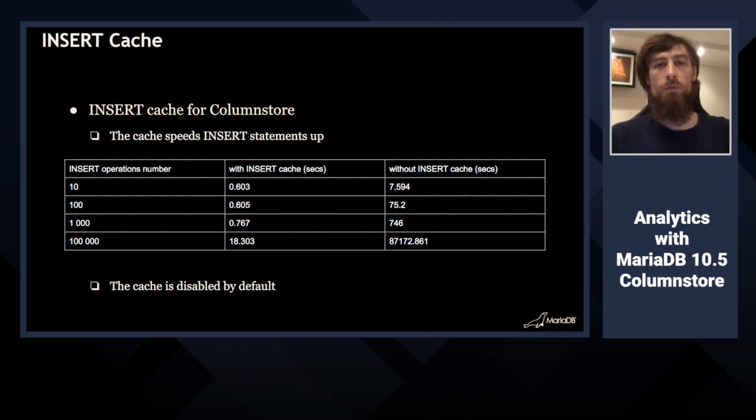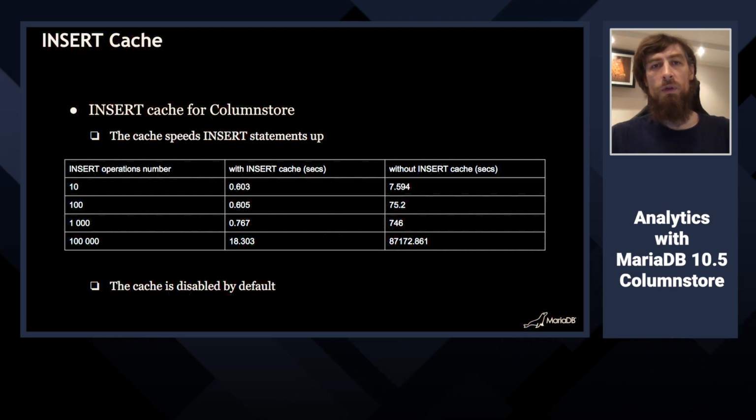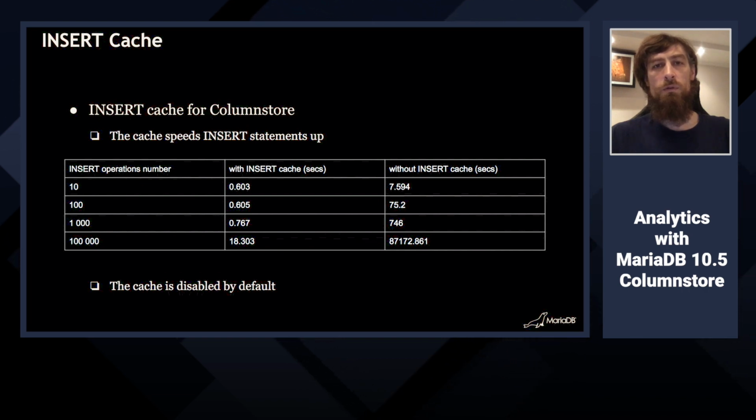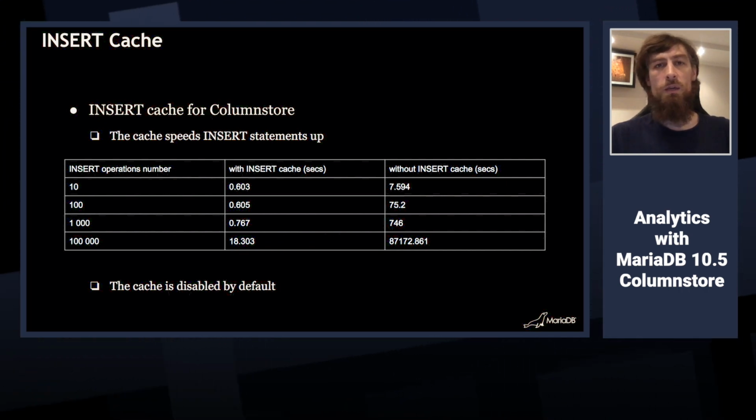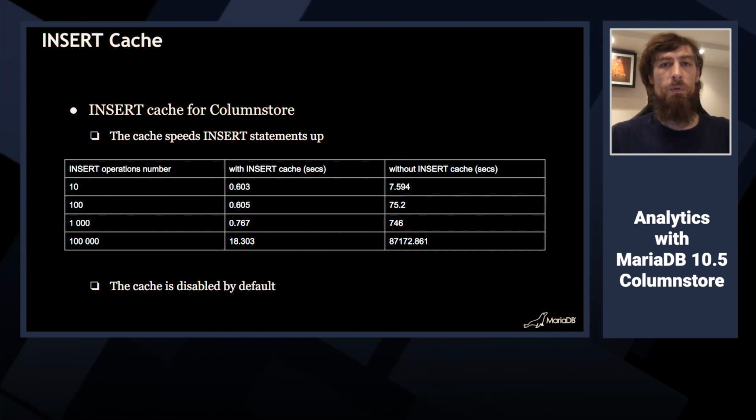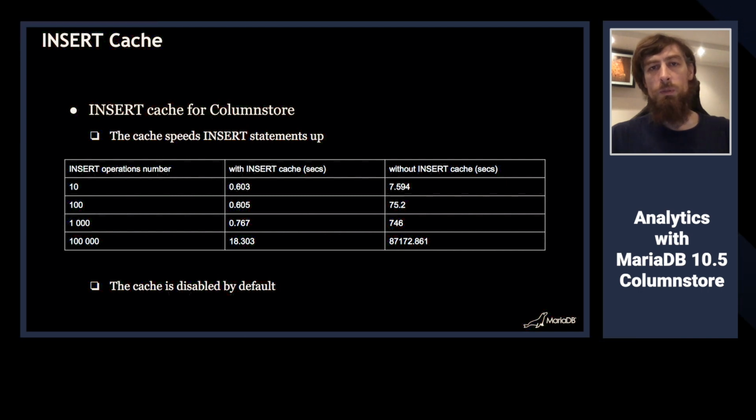Let's move on to different topics. ColumnStore, being a columnar engine, can be slow running single insert operations. So we decided to implement an insertion cache that speeds up single insert statements a lot.